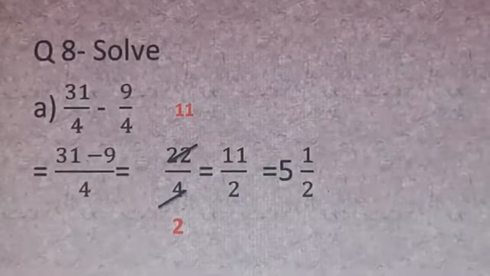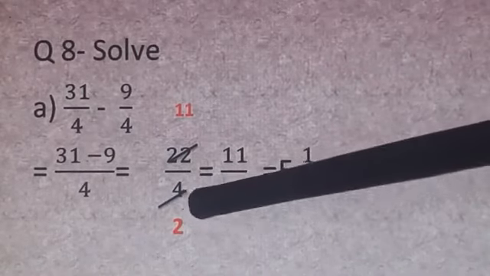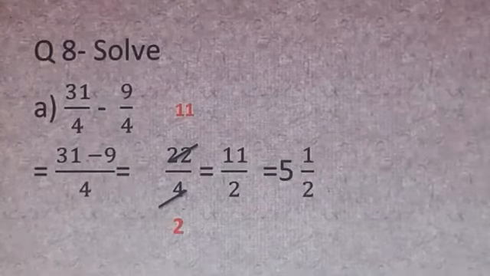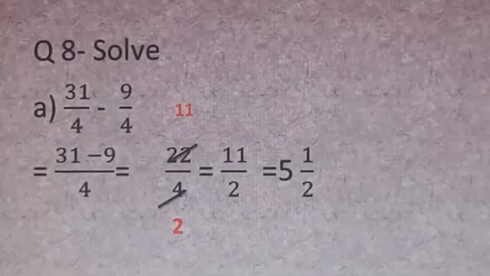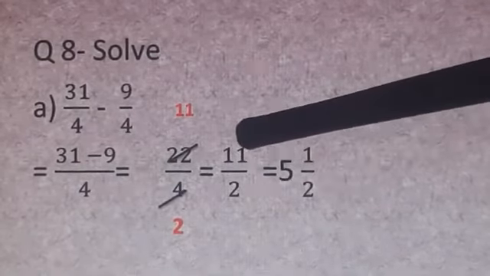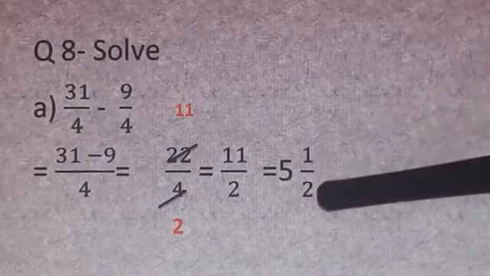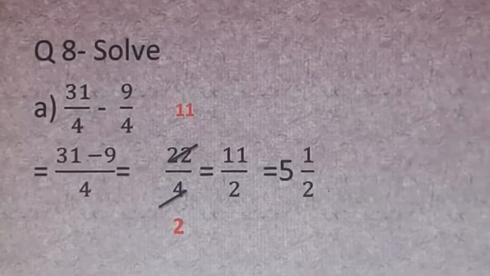Cutting को हम cancellation भी बोलते हैं बेटा. So we will cancel it with the table of 2. 2 2s are 4, 2 1s are 2. 2 1s are 2. So now our fraction has become 11 upon 2. It is an improper fraction, so division will be there. When you are dividing 11 by 2, you will get your mixed fraction 5 whole 1 upon 2. Understood?